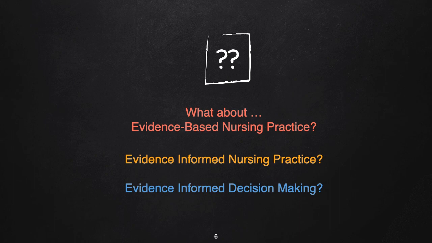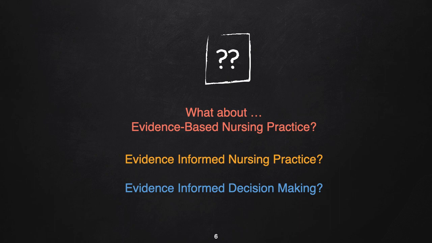All right. So what do we take away from all of this? Well, for the purposes of this course, one of the key things you want to make a distinction about is that evidence-based practice and evidence-informed practice, while they are overlapping, are not exactly the same thing.